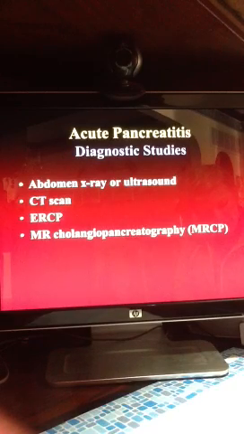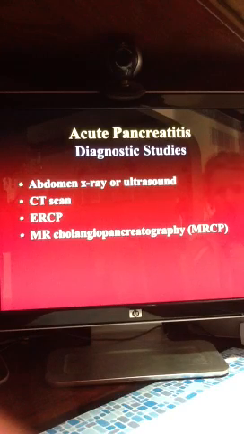They can see if there are stones or obstructions. The MR sequences can also show if there's a tumor. They can also show pancreatitis, but the CAT scan is still the better diagnostic tool for the pancreatitis. The MRCP might show you why this has occurred.